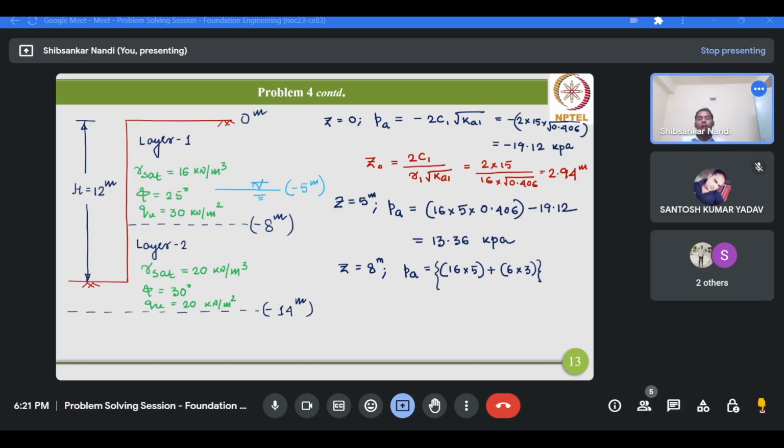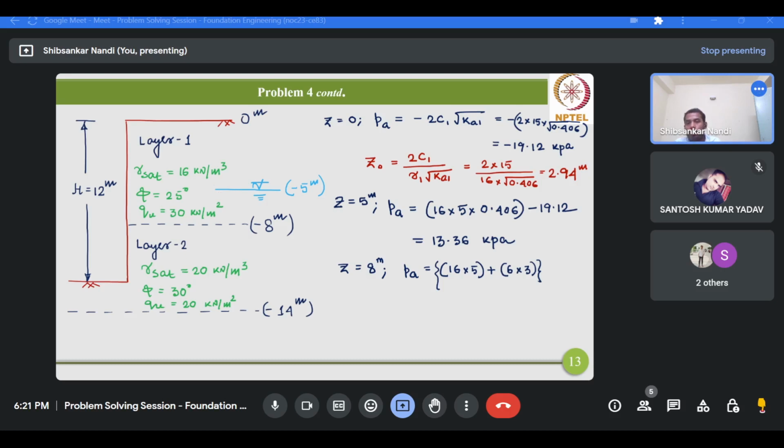We have to consider two separate components: one above the water table and one below it. Above the water table you use the bulk unit weight, but below the water table you have to consider the submerged unit weight, that is the saturated unit weight minus the unit weight of water, 16 minus 10, that is 6.